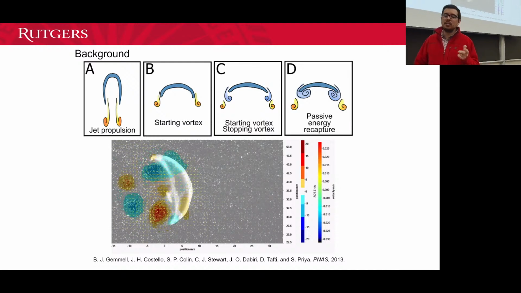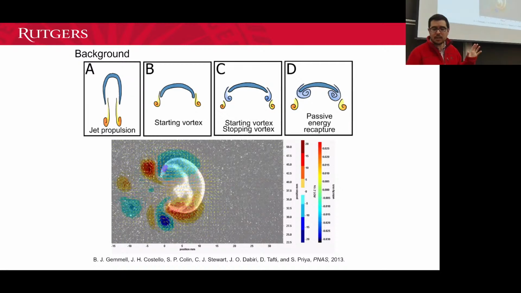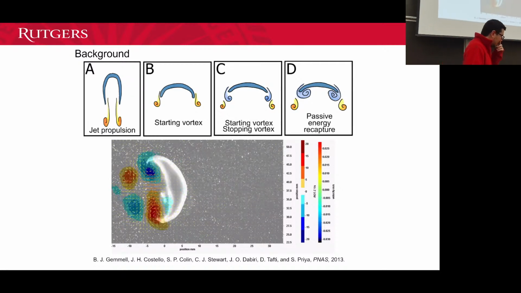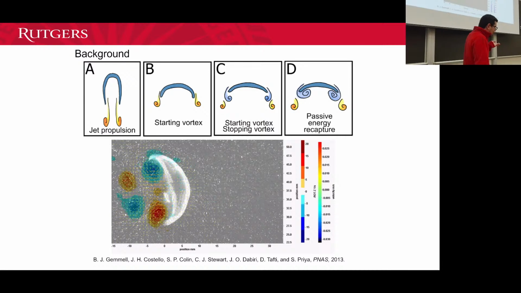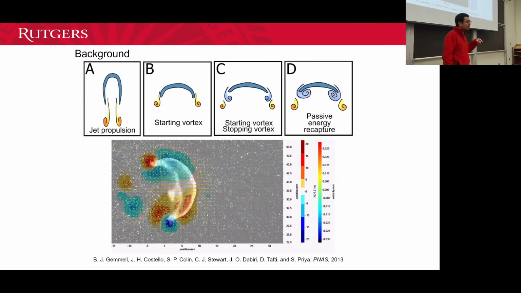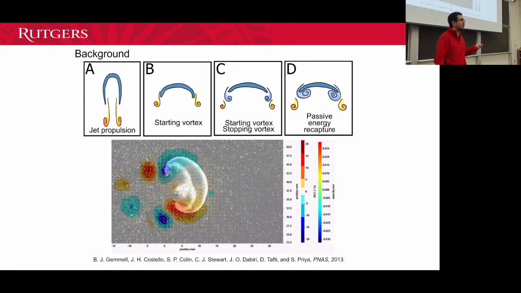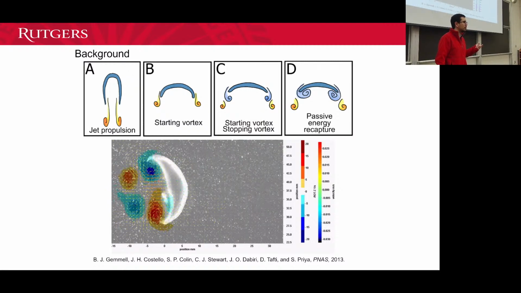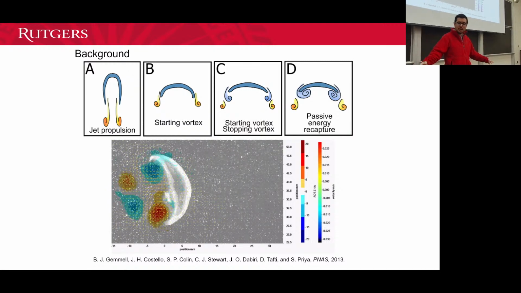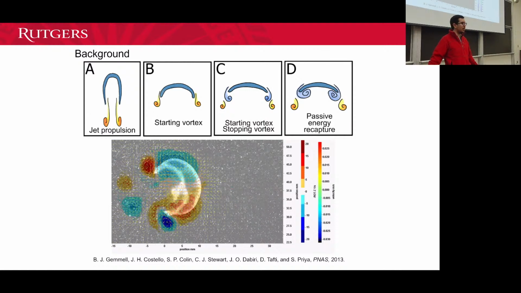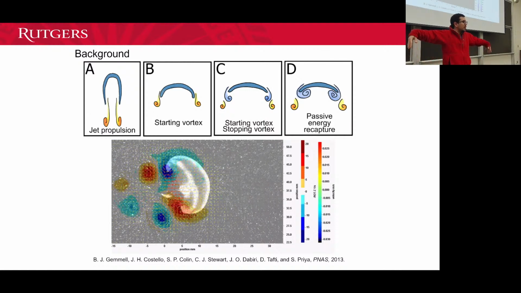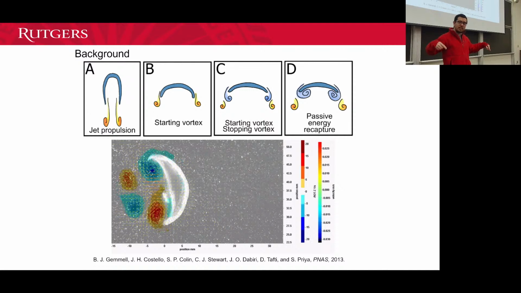And then in 2013, 2014, in this time period, they determined that the stopping vortex actually assists the jellyfish in its propulsion. So the jellyfish goes down, sends off a starting vortex, comes up like this, and then creates a stopping vortex.